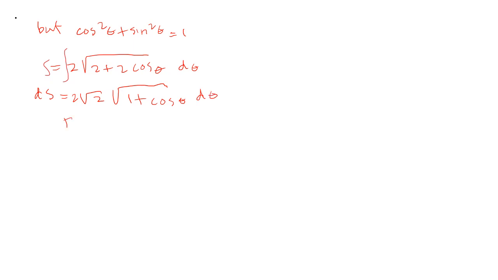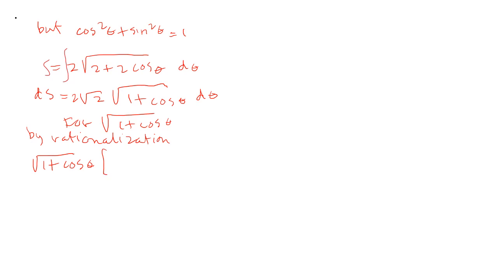Now for the square root of 1 plus cosine theta, by rationalization: the square root of 1 plus cosine theta times the square root of 1 minus cosine theta over the square root of 1 minus cosine theta.